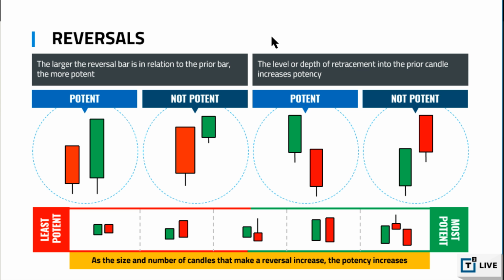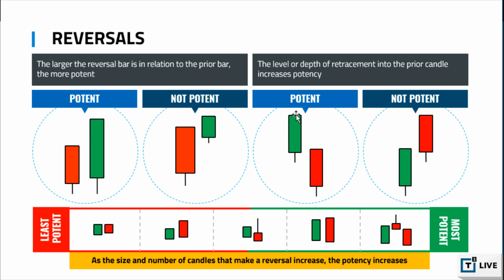And then the other thing we look at when we're assessing the significance of the reversal is the depth. The level or depth of retracement into the prior candle increases the potency. In the first example here, it was really potent because not only did we reverse this bar, we actually went way below it.